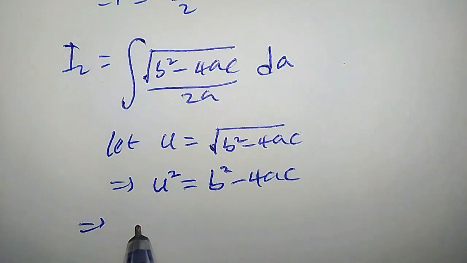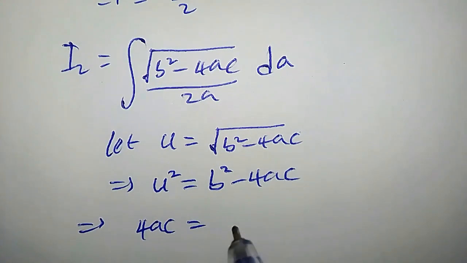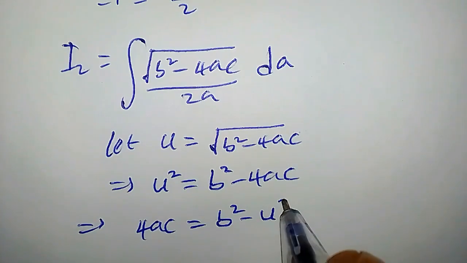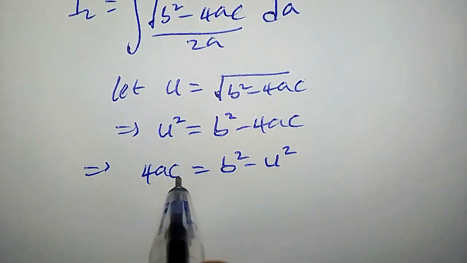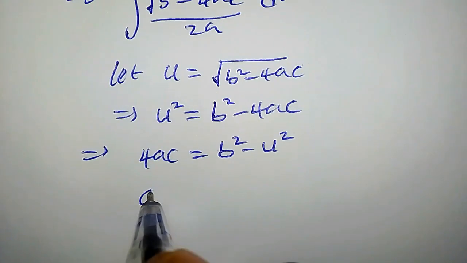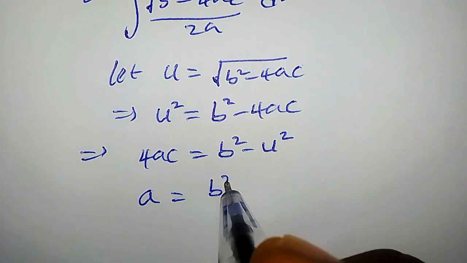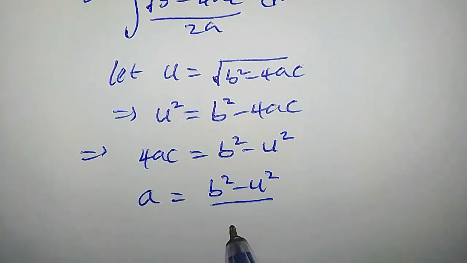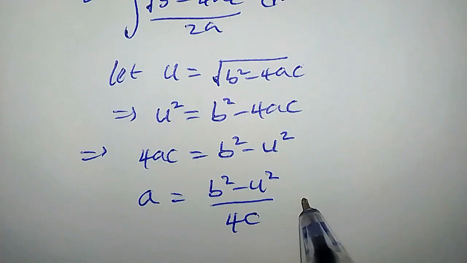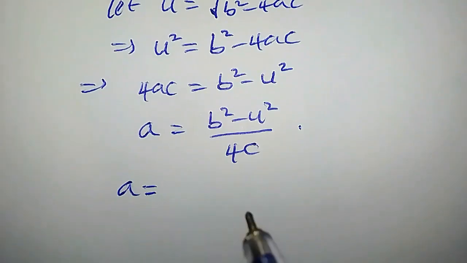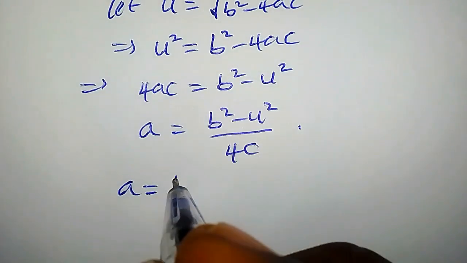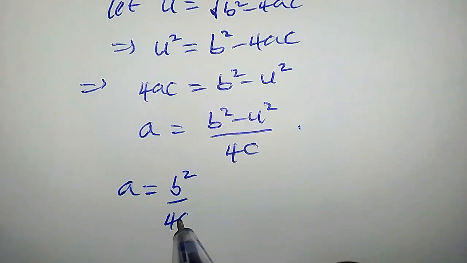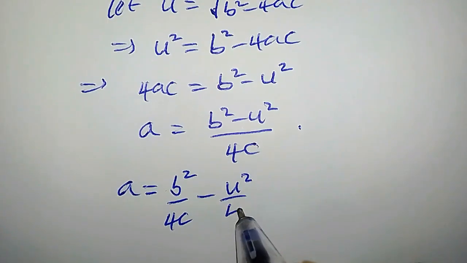This means that 4ac is equal to b squared minus u squared. Now, let's divide both sides by 4c. Doing that, we have a equal to b squared minus u squared over 4c. Take note of this. We can write the right hand side as b squared over 4c minus u squared over 4c.